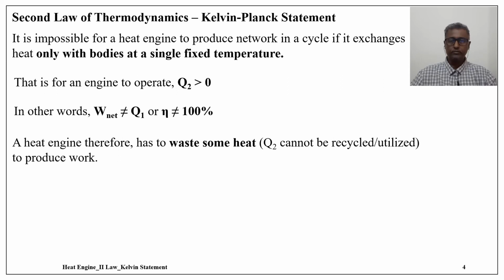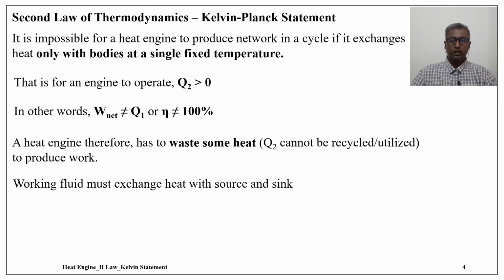Without wasting heat, we cannot produce work. This is the Kelvin-Planck statement. And hence, the working fluid has to exchange heat with two heat reservoirs. One reservoir is the source, the other reservoir is the sink.